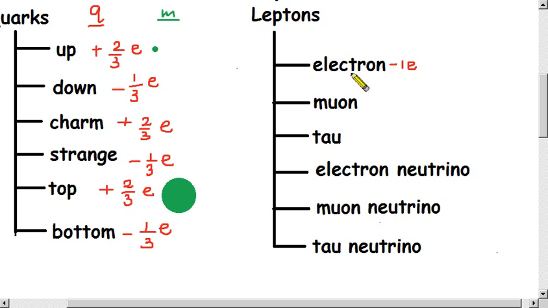So this electron has negative charge, the magnitude is the same as the normal electron. Muon has negative 1 times E, the same as the charge of an electron.